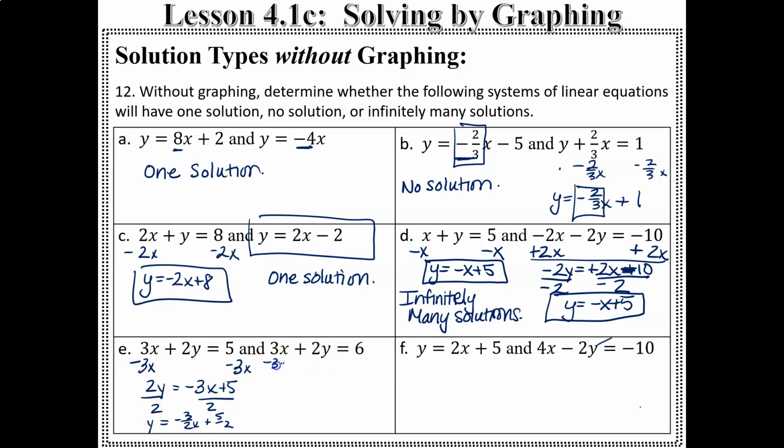Here, I'm going to subtract 3x, so we're on the same track. So I have 2y equals negative 3x plus 6. I'm going to divide by 2. So I have y equals negative 3 halves x plus 3. So same slopes, but different y-intercepts. So this one will be no solution.